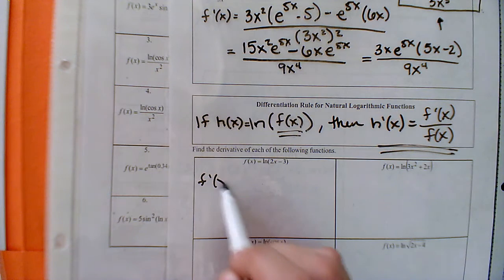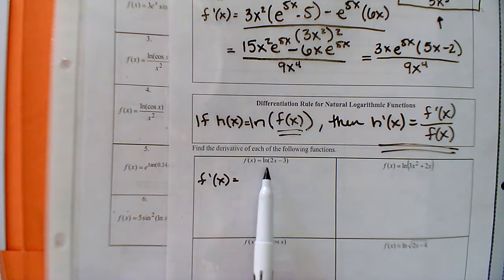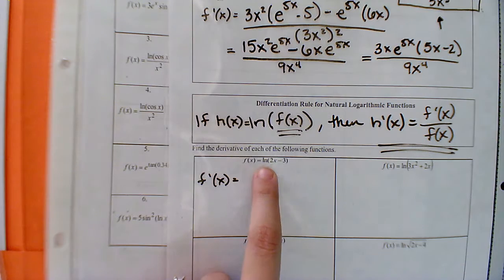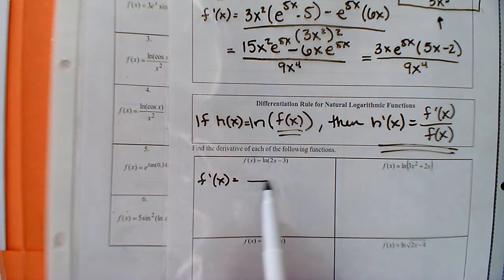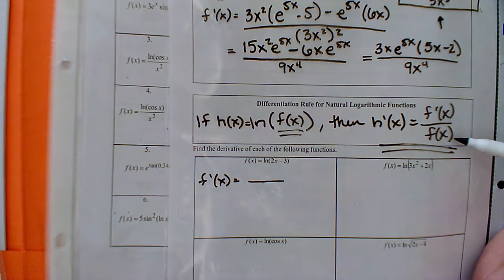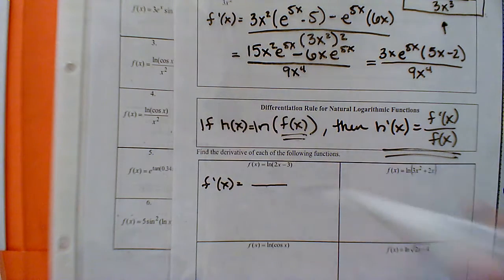So let's go ahead and check out the first one. We have the natural log of 2x minus 3. The fact that we have a natural log means the derivative is going to be a fraction. The numerator is the derivative of the inside, whereas the denominator is simply whatever the inside is. So what might this derivative look like?